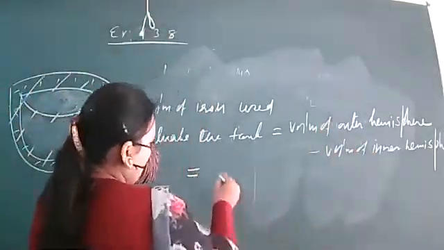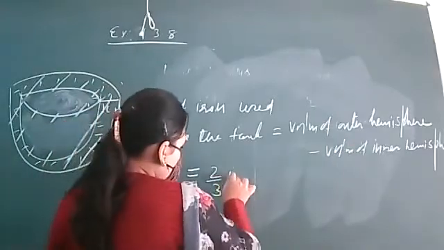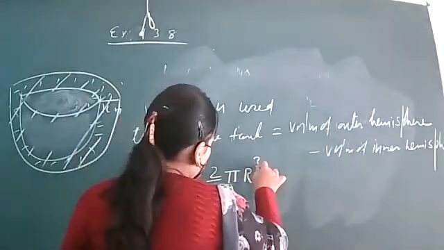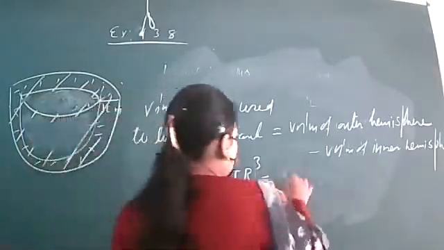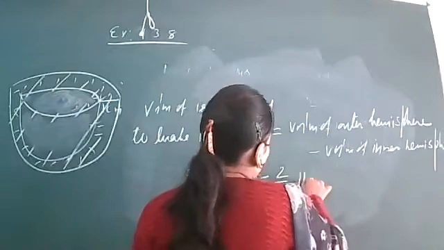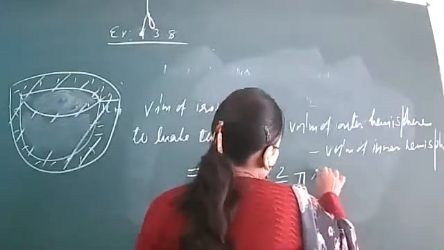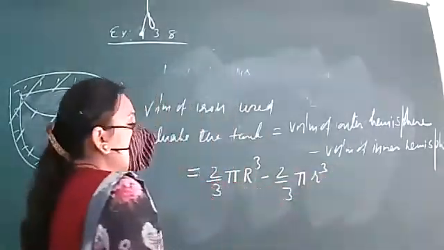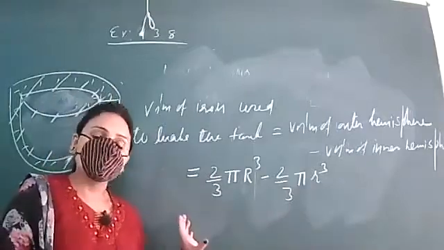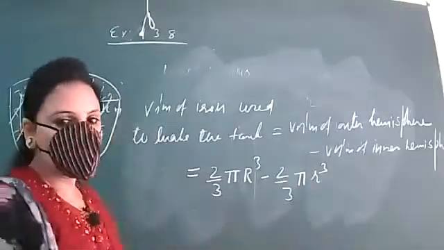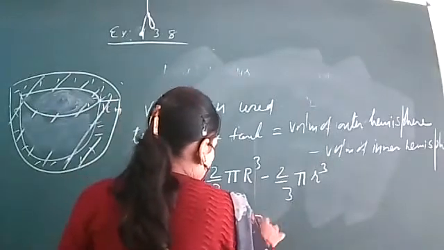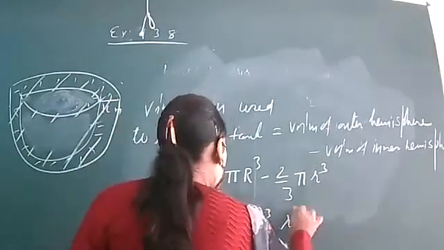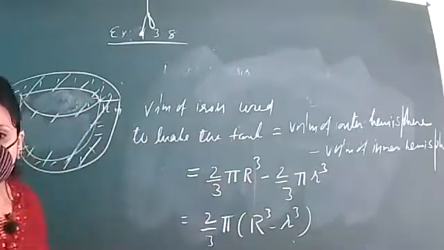Volume of the outer hemisphere is 2 by 3 pi capital R cube, minus volume of the inner hemisphere, which is 2 by 3 pi small r cube, right? To make the calculations easier, let us take 2 by 3 pi as common. Inside we have capital R cube minus small r cube, right?